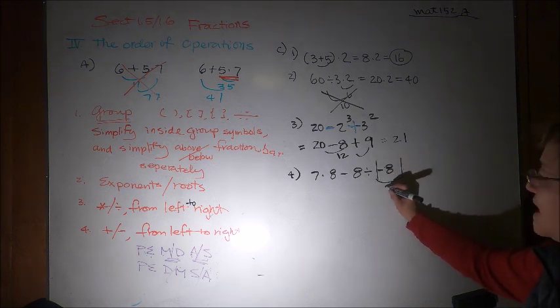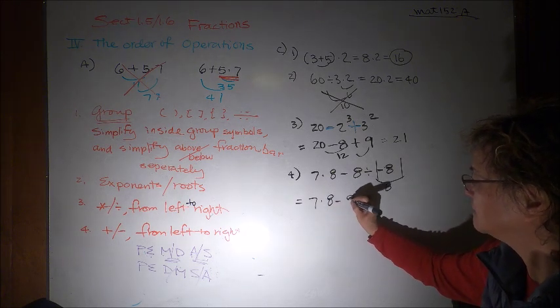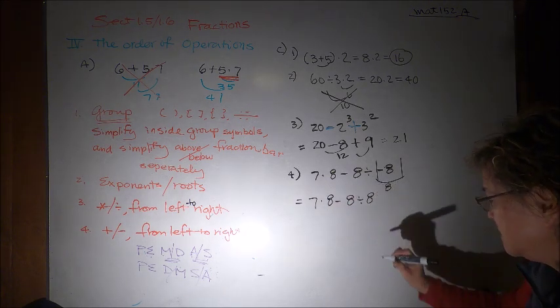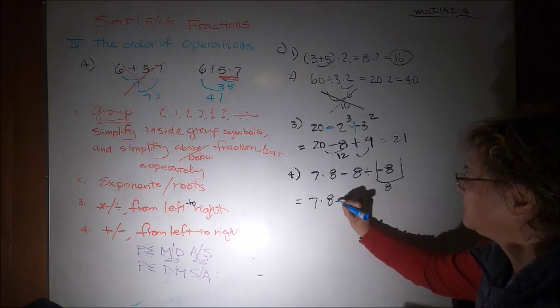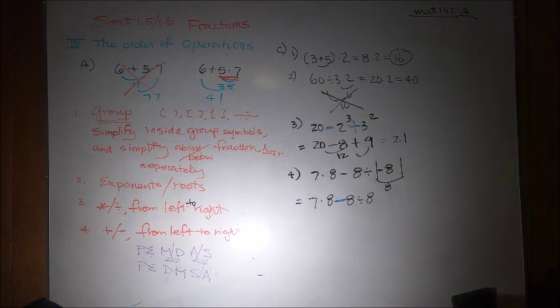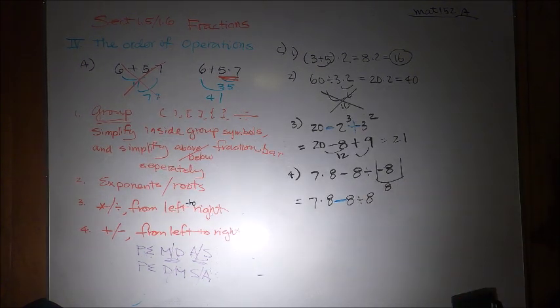Absolute value of negative 8 is what? 8. So you will rewrite it like this, right? So for this problem, take a look. If you have plus minus, then you can highlight them and it becomes what? You have 2 different parts.